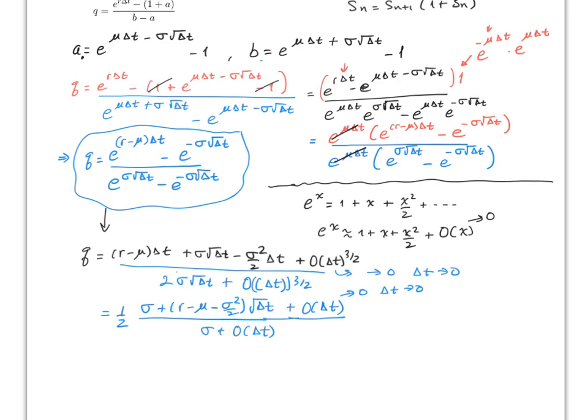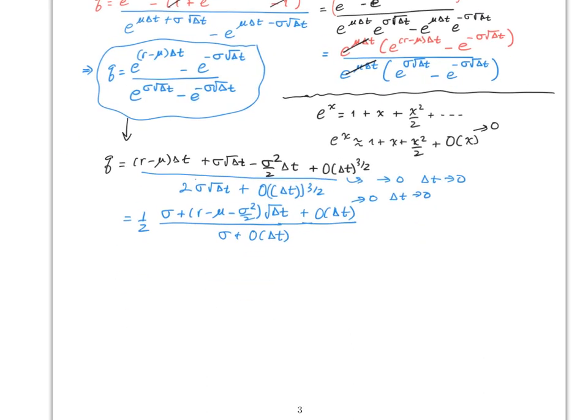Now if you do a little bit more algebra, this will give you 1/2 times 1 minus the square root of delta t times mu plus sigma squared over 2 minus r, divided by sigma, plus big O of delta t.